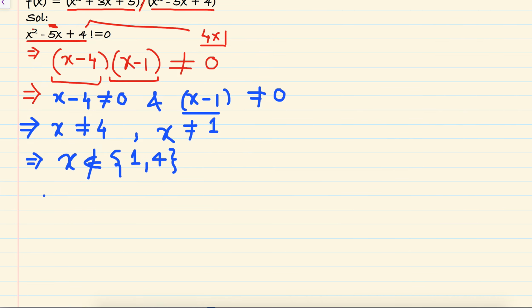So the domain we can write as the set of real numbers minus the set of 1 and 4. So this is our answer.